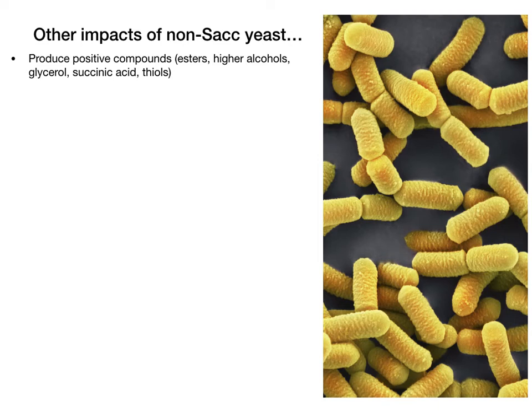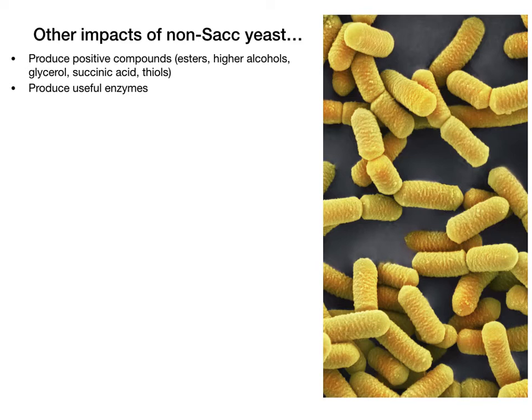Some of the positive impacts found in various non-Saccharomyces yeast are that these yeasts themselves produce some compounds, including esters, which give us some of our fruity and floral characteristics, higher alcohols, which in the right amount can give us more complexity in our aroma profile, glycerol, which affects mouthfeel, succinic acid, which affects the freshness of the wine, and thiols, which we've talked about quite a lot in the past.